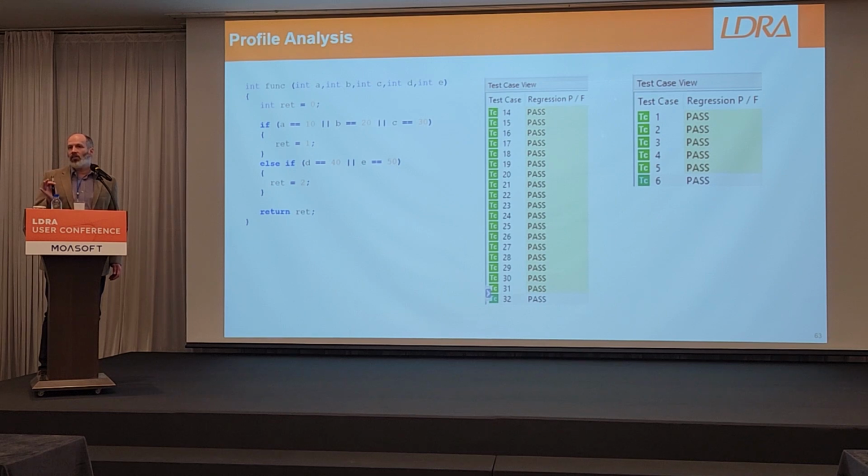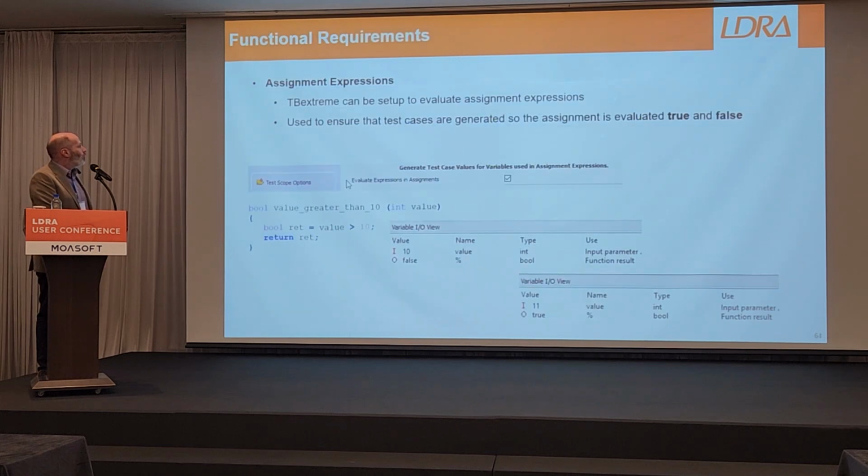We can only run 6 and still get our 100% code coverage. So TB Extreme Plus will automatically tell us which tests we can keep and which tests we no longer need to run to achieve that level of code coverage. Hopefully that makes sense, and you can see that in a regression process, that can save you some time, and you'll still be getting the same levels of code coverage.